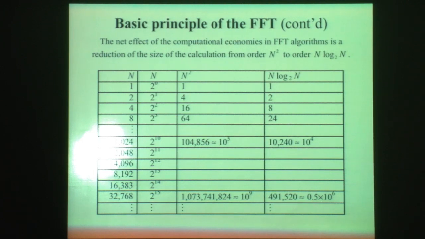So it's a big saving, and the savings is more important the larger the number of grid points, or the finer the grid, or the larger the data set. So this is going on in the computers too, okay? Those three-dimensional sums are computed by the fast Fourier transform algorithms.